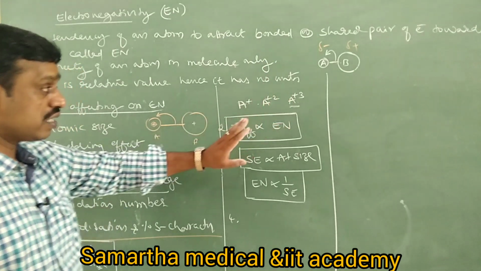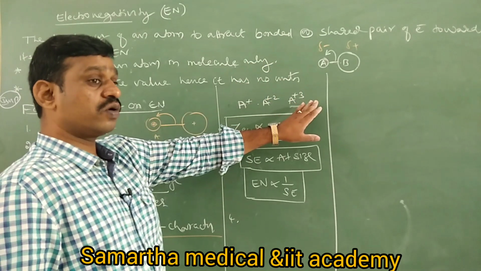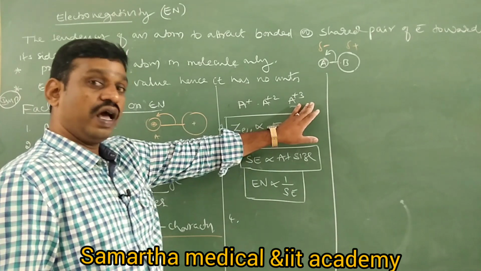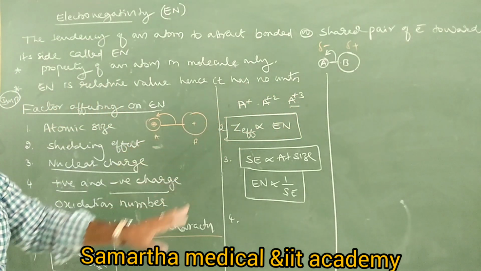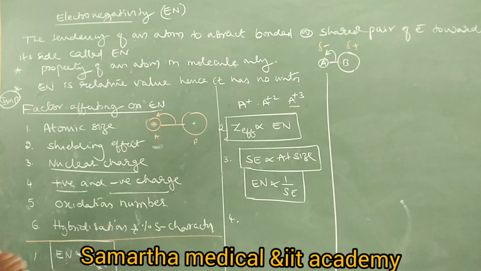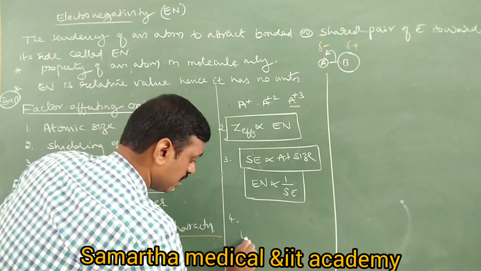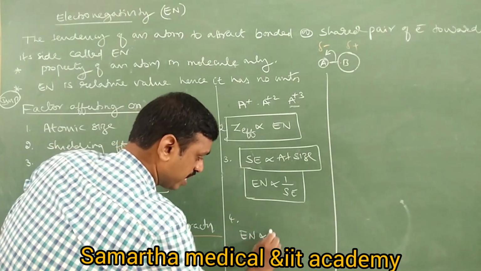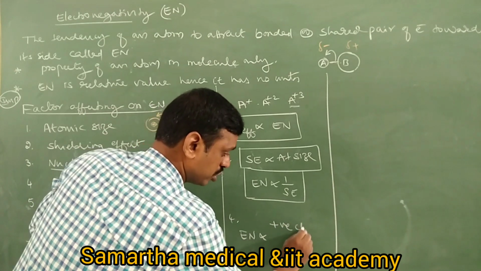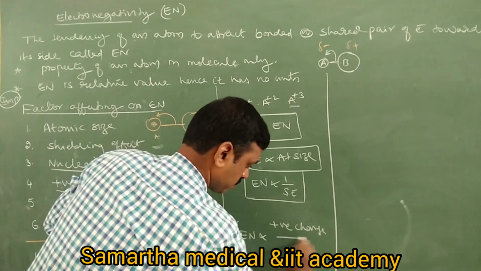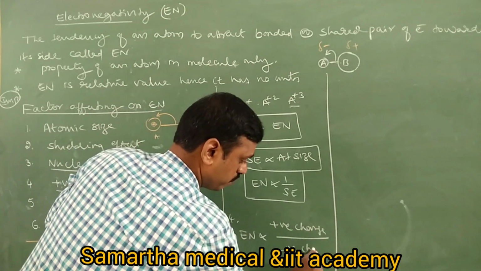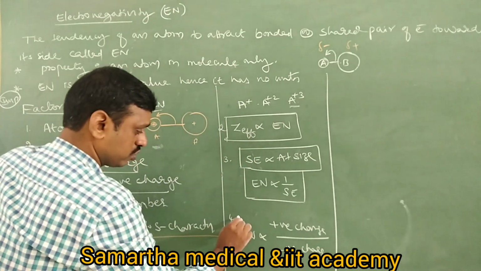So as the positive charge increases, electronegativity increases. As the negative charge increases, electronegativity decreases. Therefore electronegativity is directly proportional to positive charge and inversely proportional to negative charge.